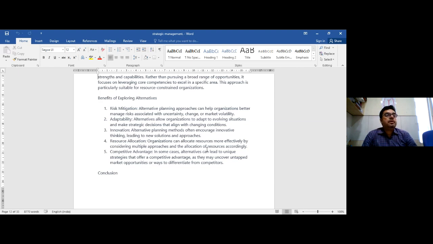So when one can consider the uncertainties of the environment, then changes with regard to that can be better managed or better dealt with.